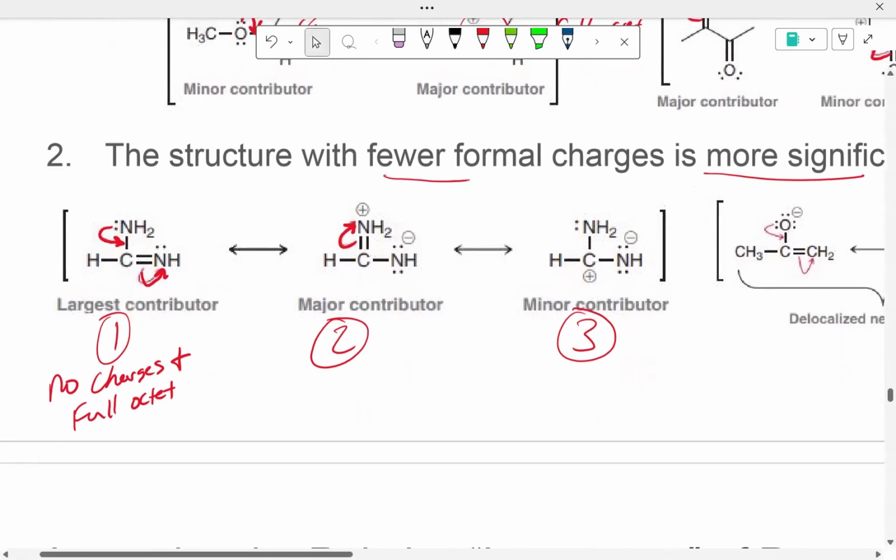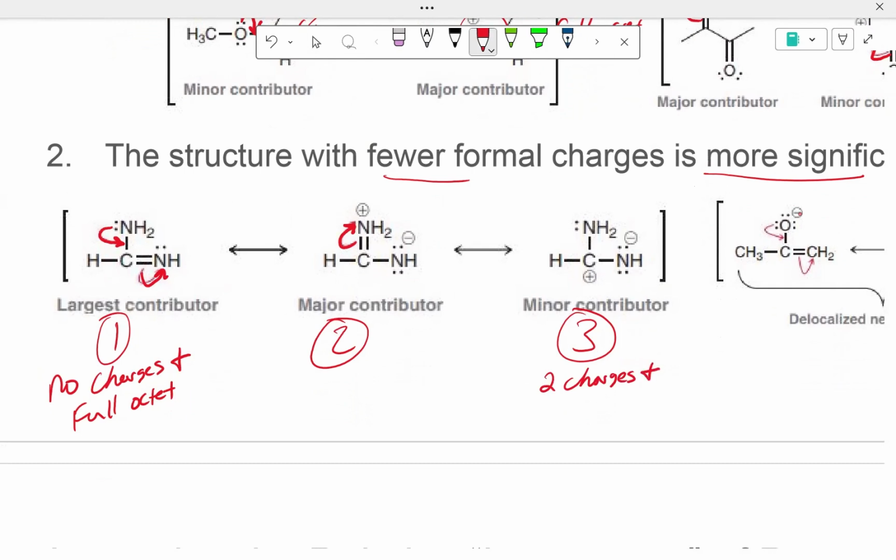If you look at 2 and 3, they have the same amount of charges. You've got a plus charge and a minus charge. Well, what's the difference between 2 and 3? 3 has 2 charges and an atom missing an octet. That's less of a contributor than something with 2 charges where everything has a full octet.